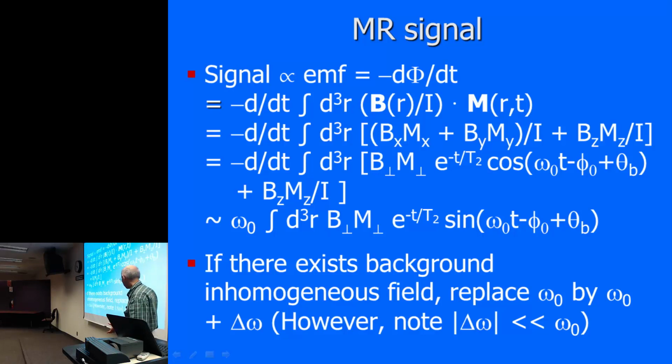Now the only good news is that normally, if you are at the clinical field strength, let's say 1 Tesla or above, then this delta omega normally is very small. This delta omega, say from the susceptibility effects or from the chemical shifts, we are looking at, say, a ppm level.